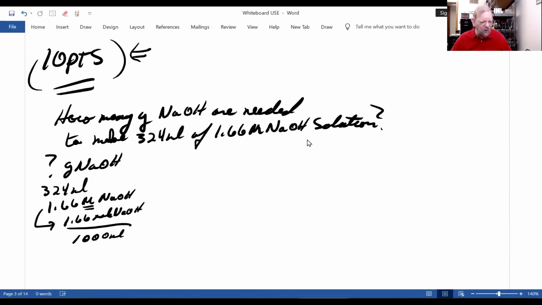Now, there's no way you can go from milliliters to grams. You can't. Trust me, I'm a chemist. How about trust me, I'm a doctor? Actually, I'm both. But what you do need is 2 steps.